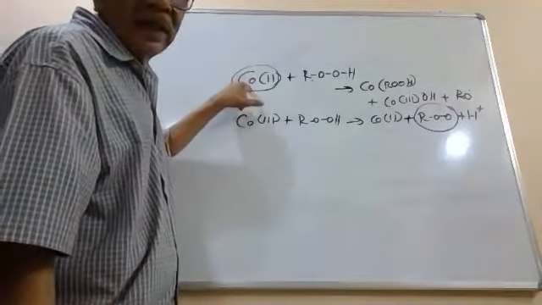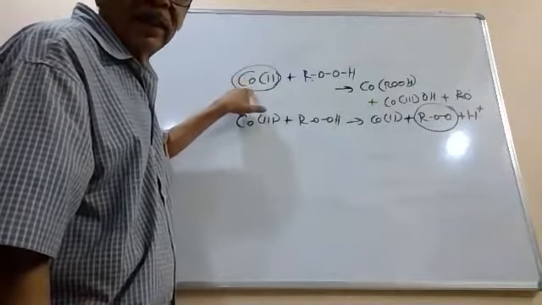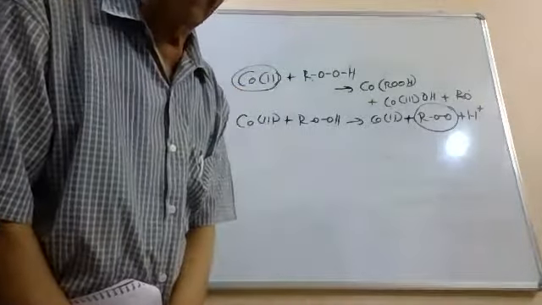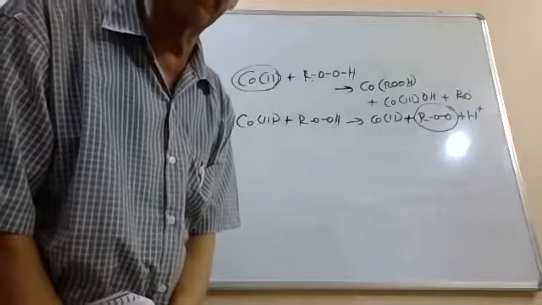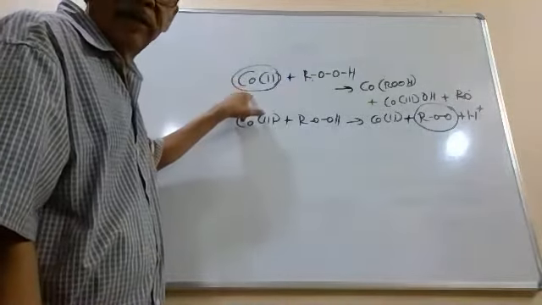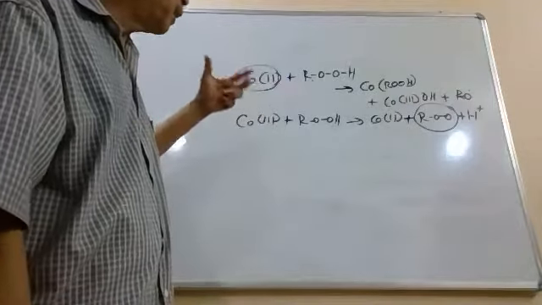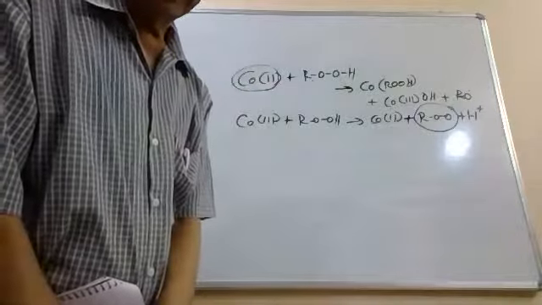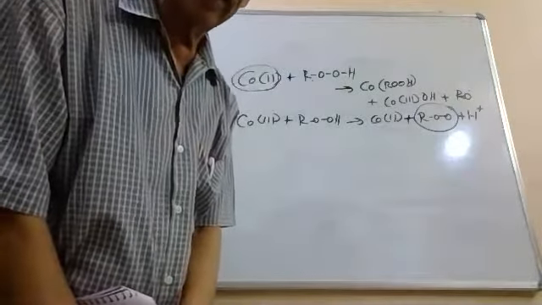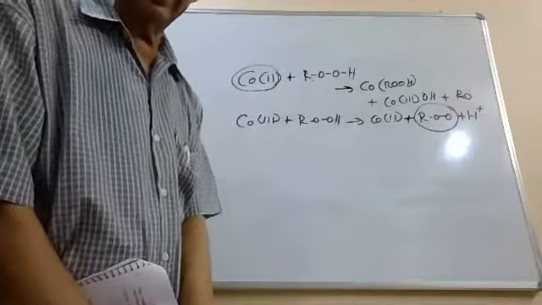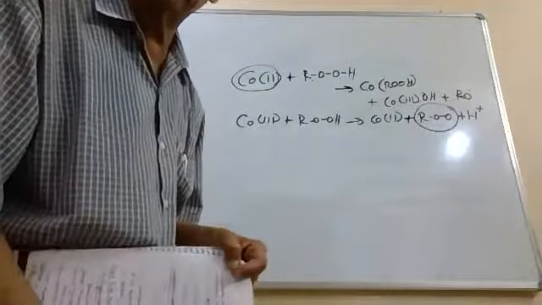Cobalt and manganese have similar redox properties, but whenever possible, people prefer the manganese because manganese is much cheaper compared to cobalt. So in industry, sometimes what they do is they mix the cobalt and the manganese and make a combined catalyst to facilitate the oxidation of xylenes to carboxylic acids.